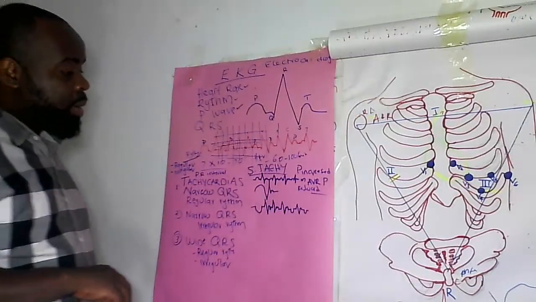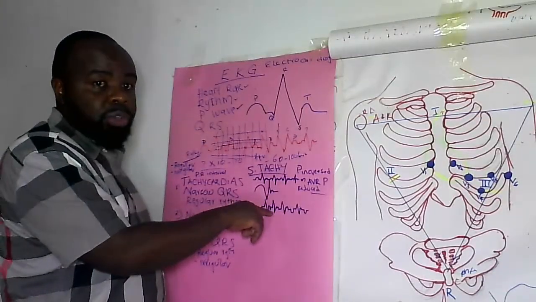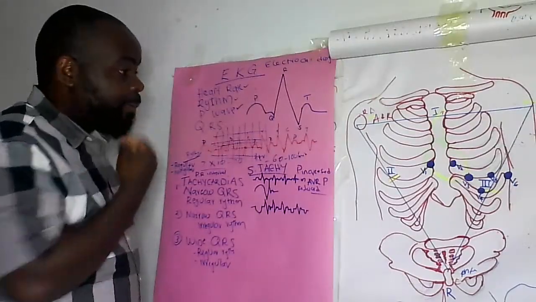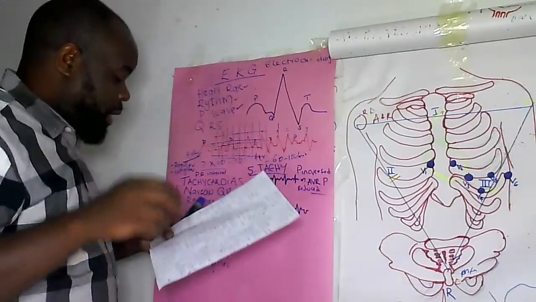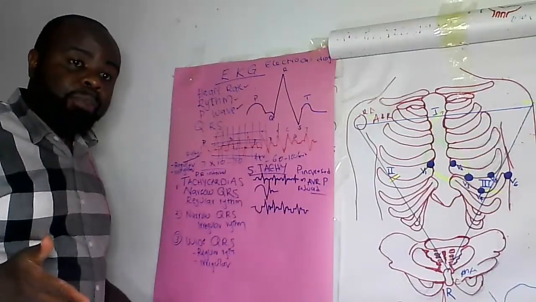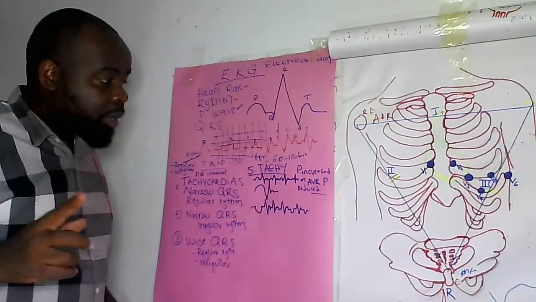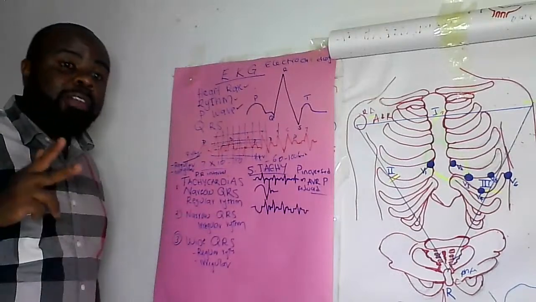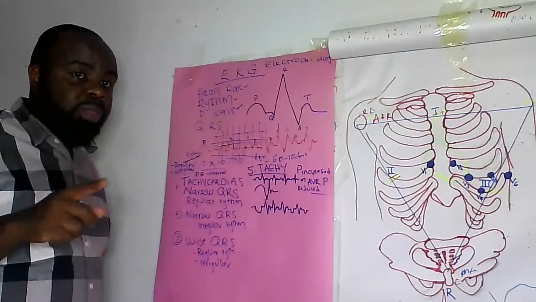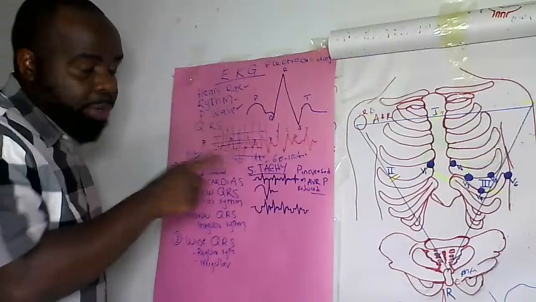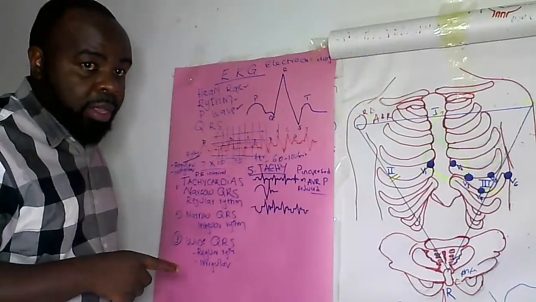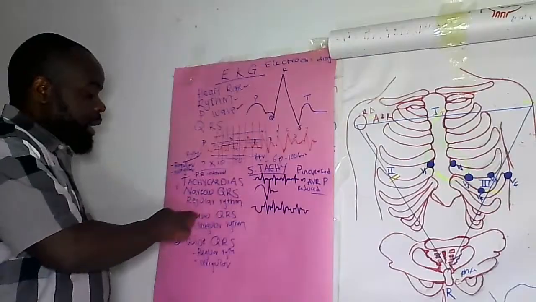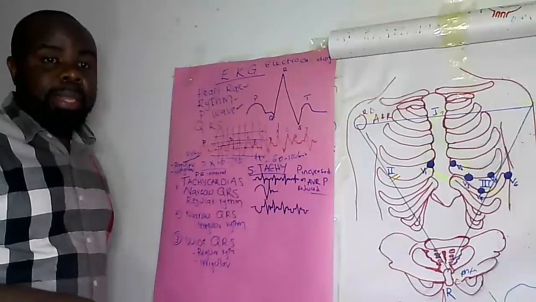But remember, we still have our narrow QRS, which means we are dealing with focal atrial tachycardia. You see, one, you check on the P wave. Two, you check on the deflections of the points. The first thing we are talking about today is narrow QRS with regular rhythm.